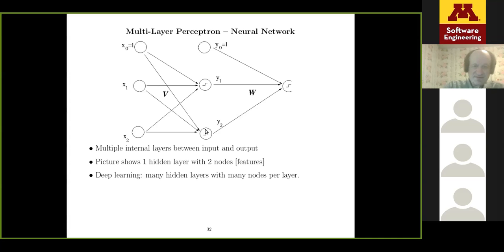I'm not seeing that. Well, the input data is going to, in this fully connected regime, each input coordinate is going to all of the hidden nodes. What's the difference is in the V. So now this V is a matrix. Each one of these links has a different weight on it.